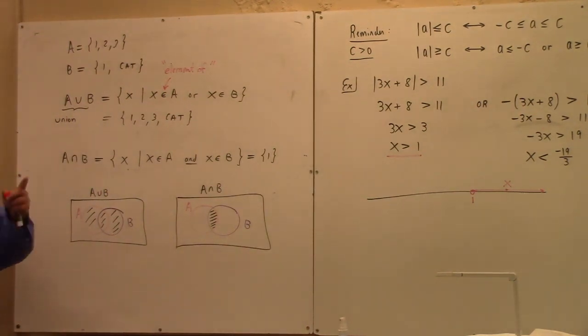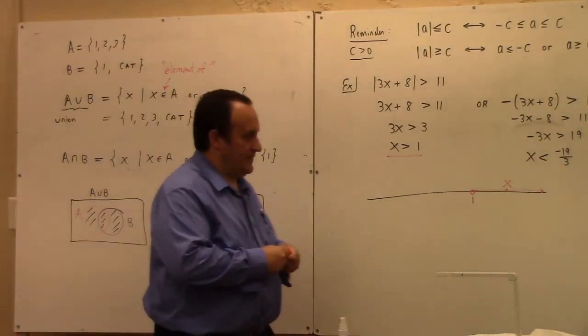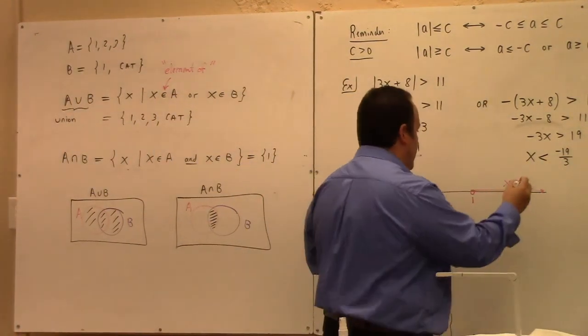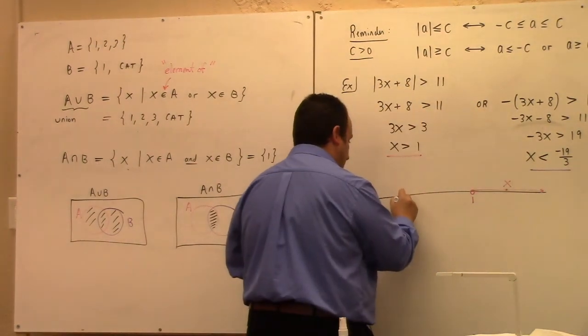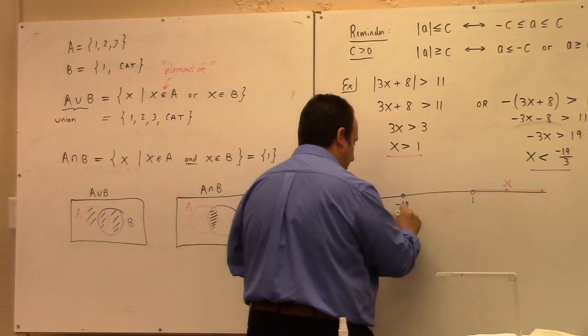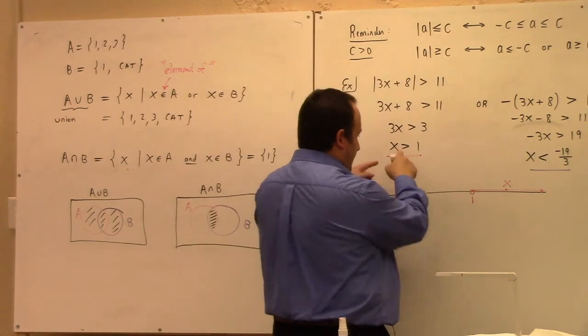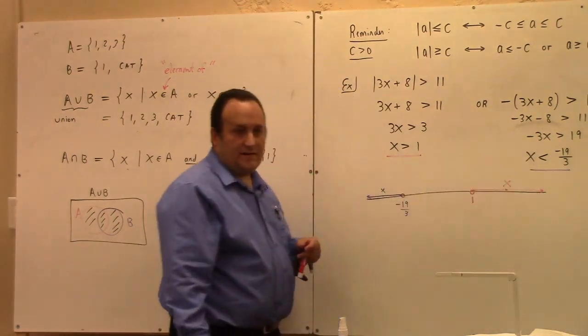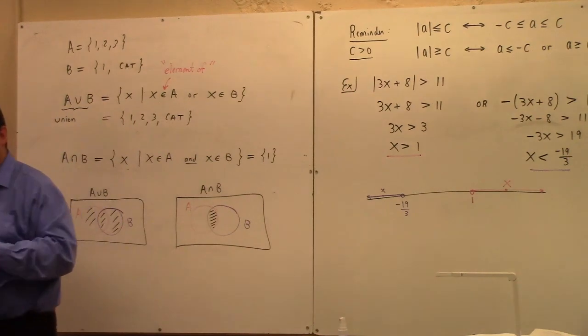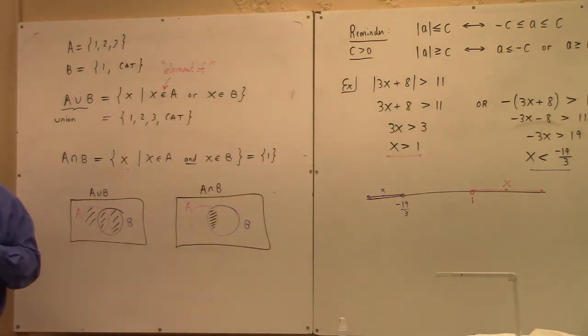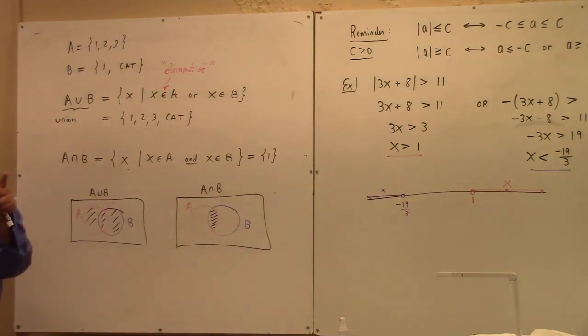On the other side, x is less than minus 19 over 3, which is about minus 6.333, somewhere over here. Notice that this x and that x are logically not the same value. We're using the same letter x to denote two separate values. You cannot satisfy both of those inequalities at the same time.